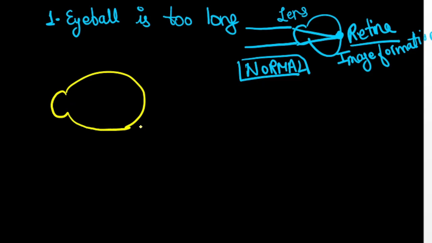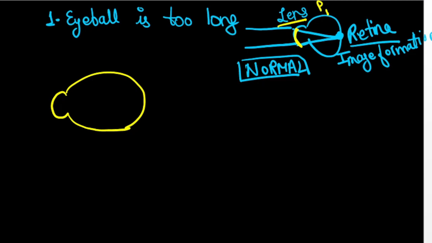Now यहाँ पे जो लेंस की converging power थी, let's say here the power of lens was P1. Normal case में the power of lens is P1. This is the normal eye size. और P1 है power of your eye lens. So light ray refract होके यहाँ retina पे image बनी with the help of P1.